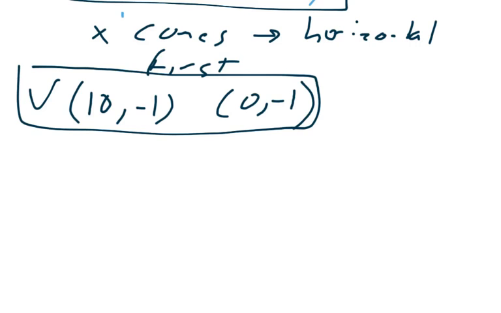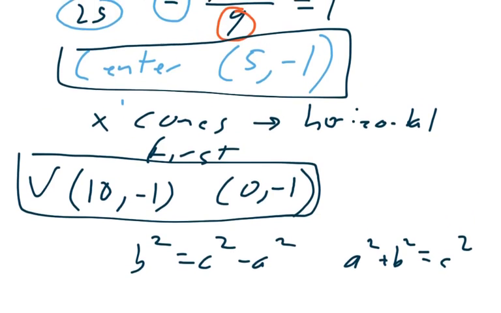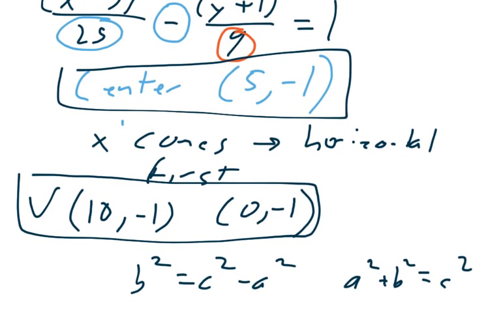Now in this problem, they give b squared is equal to c squared minus a squared. I always change this to be a squared plus b squared equals c squared, because generally speaking we have a, b, and b. And so the first number is always a squared, and the second number is always b squared.